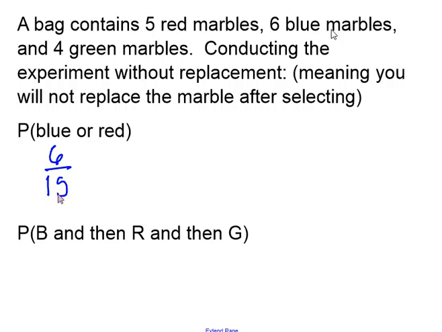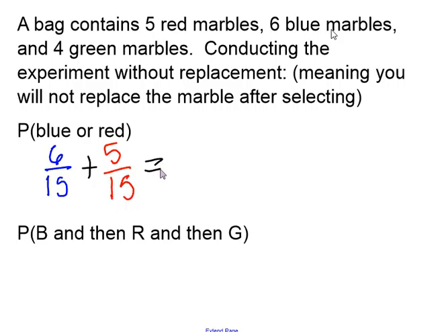Since this says or, I am going to add. Or the probability of getting a red. Now, since I'm saying the word or, I'm only taking out one marble, a blue one or a red one. I'm not taking out 2 marbles. So my next probability would still be 5 red marbles out of a total of 15 marbles.